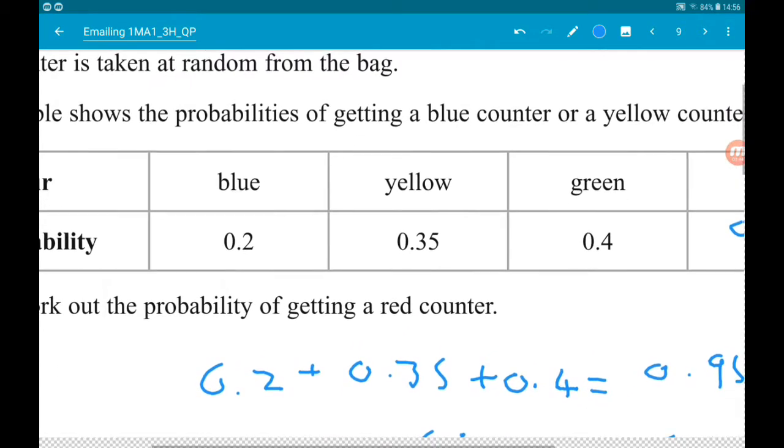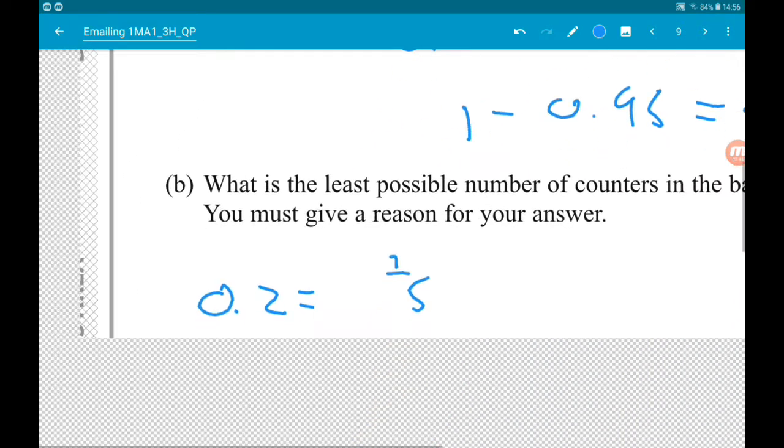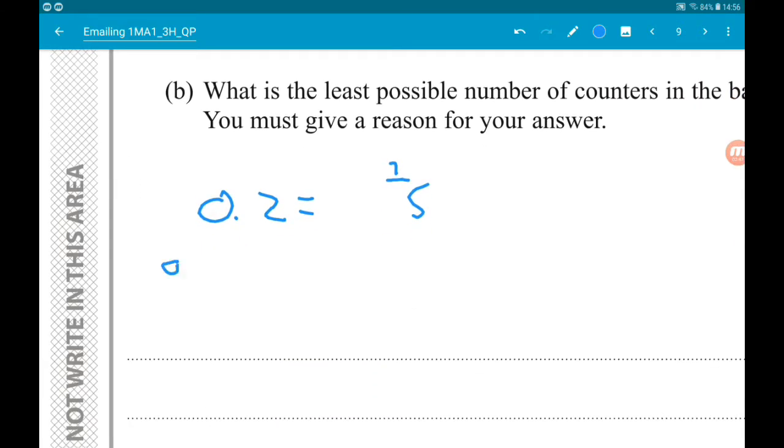Yellow, 0.35. Well, that's 7/20. So yellow needs for there to be at least 20 counters in the bag.